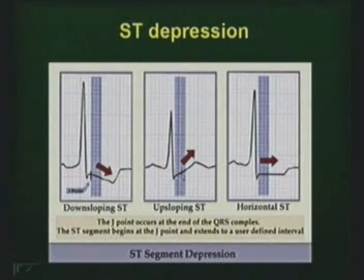So upsloping can be a very common thing, it can be a normal variation. At very fast heart rates, you see this very commonly in treadmills which were being reported as positive. This is an upsloping. The significance comes for a flat ST depression or a downsloping ST depression. So you will see this treadmill reports which says 2 mm downsloping ST depression. The significance is much more than the upsloping.